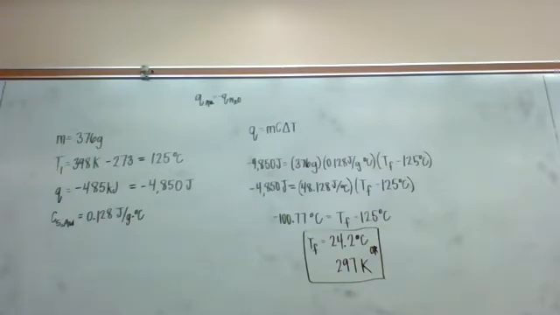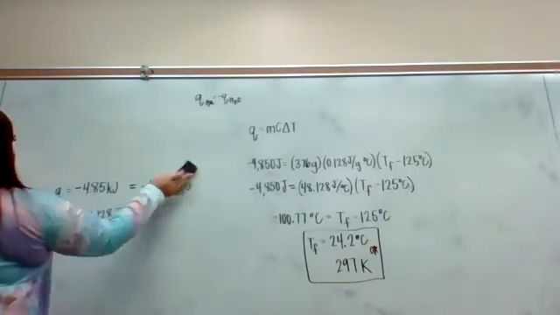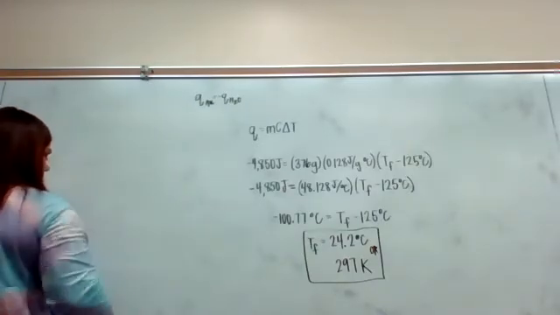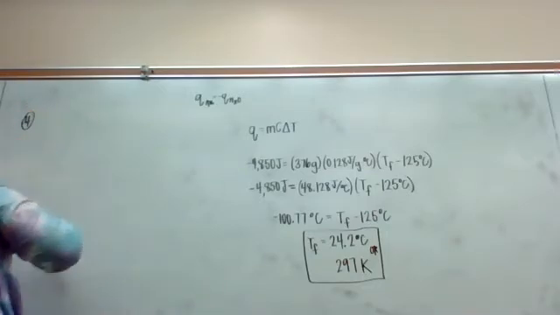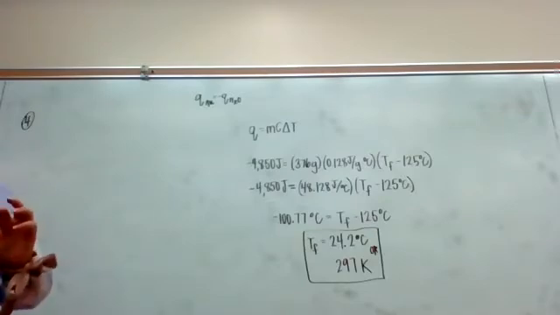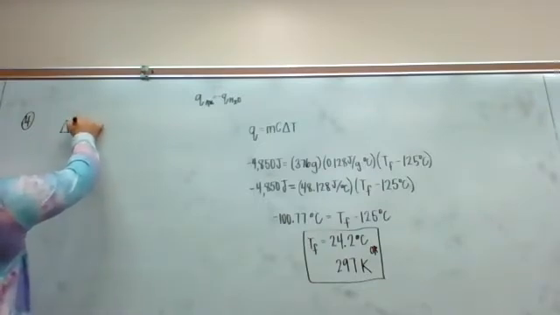All right, let's do 4. It asks us to calculate the internal energy of a system giving off 25 kilojoules of heat. If it's giving off, is it positive or negative?